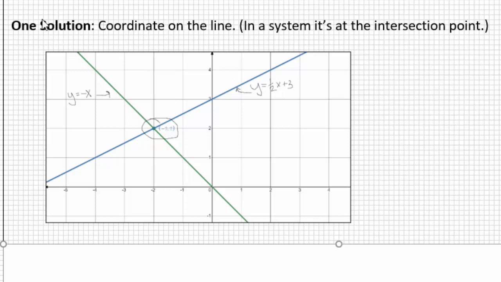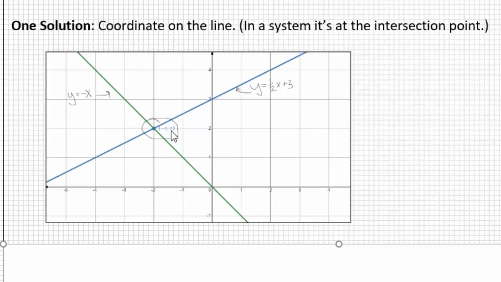If we're talking about what it looks like for it to have one solution in a system, it is the intersection point. If the two lines cross at exactly one point, as with these two lines crossing at negative 2, 2, then this system has exactly one solution: one point that will make both equations true.